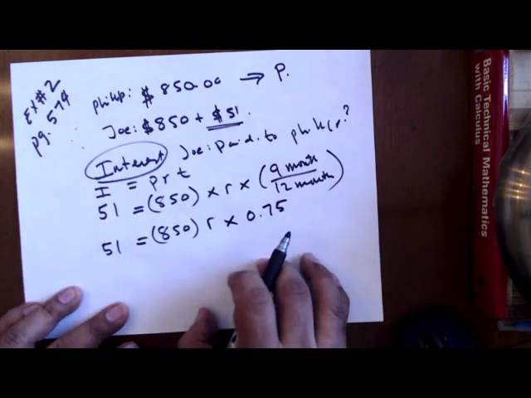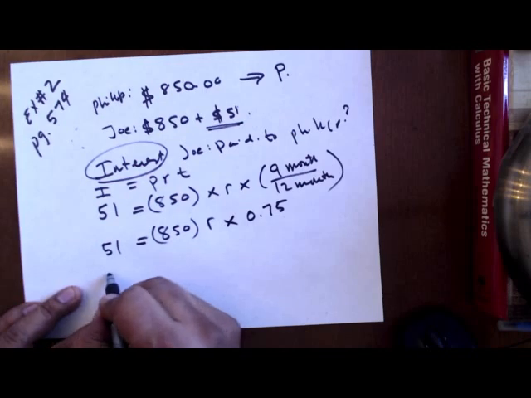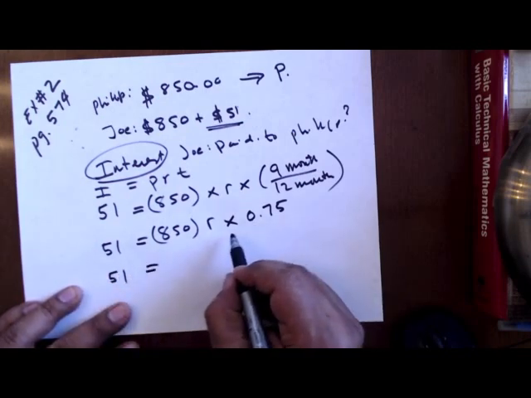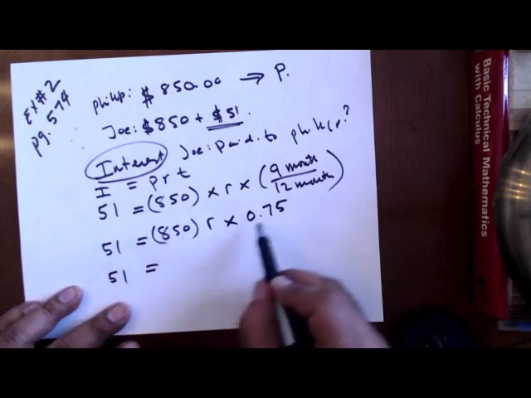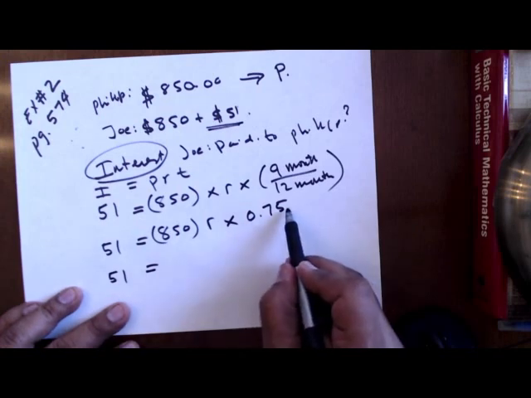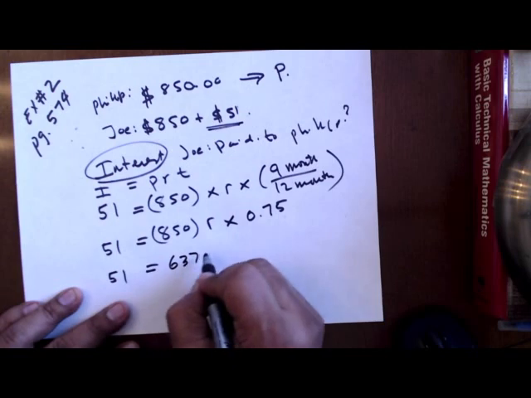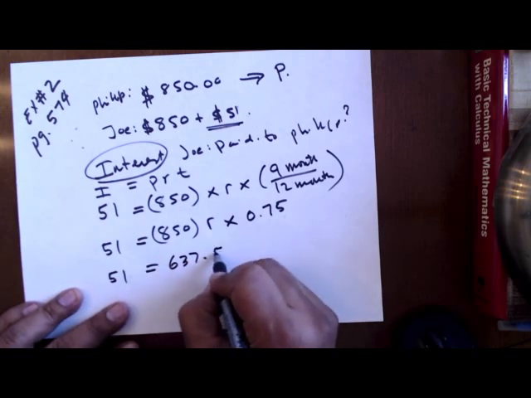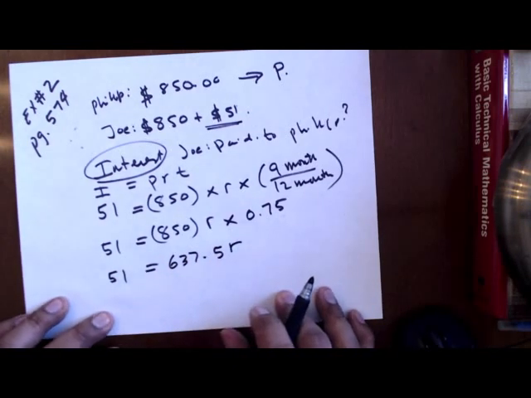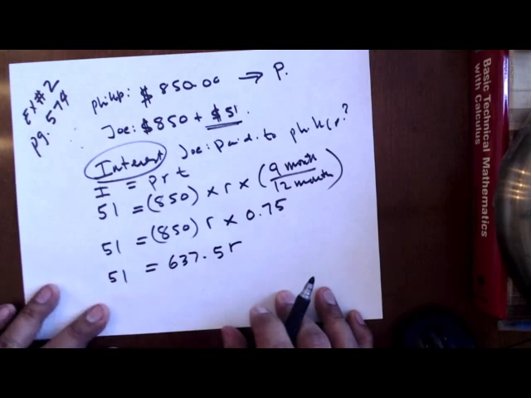So we do some manipulation here. We get that 51 is equal to, when you multiply 850 times 0.75, it results in 637.5 R. Now we use our algebra here.